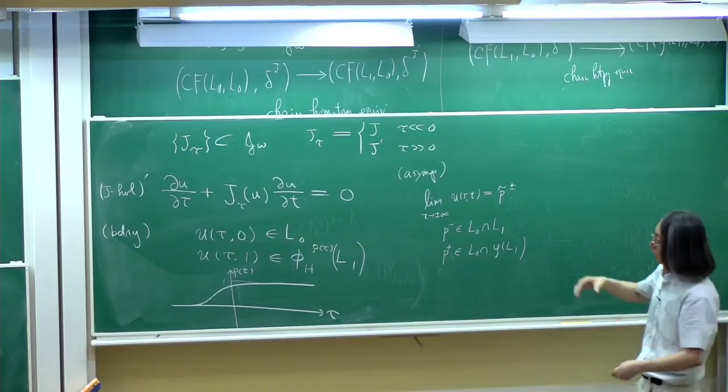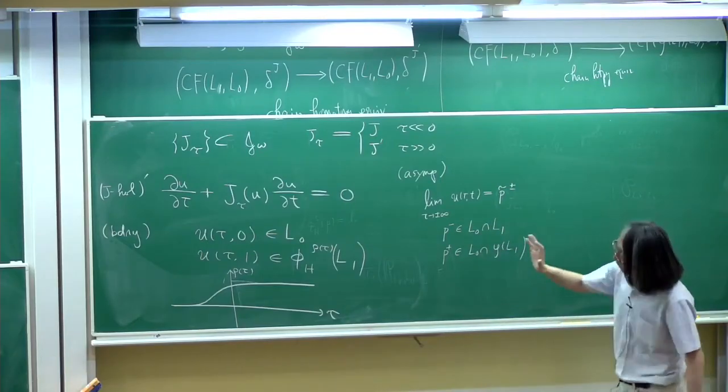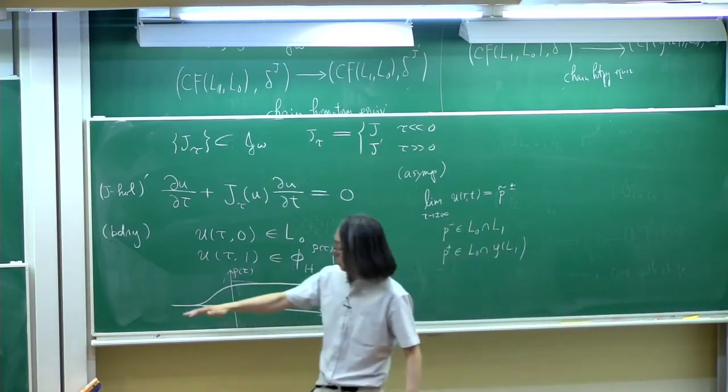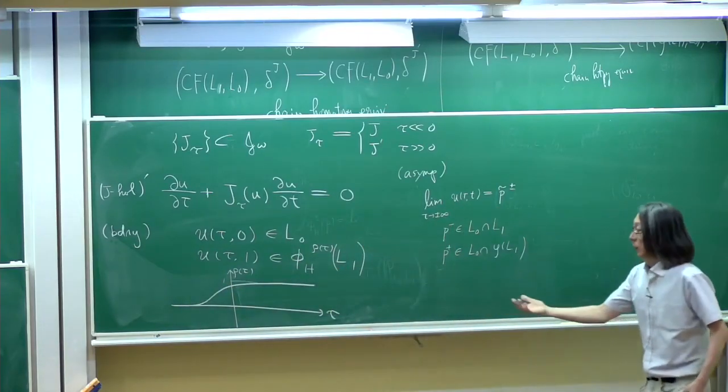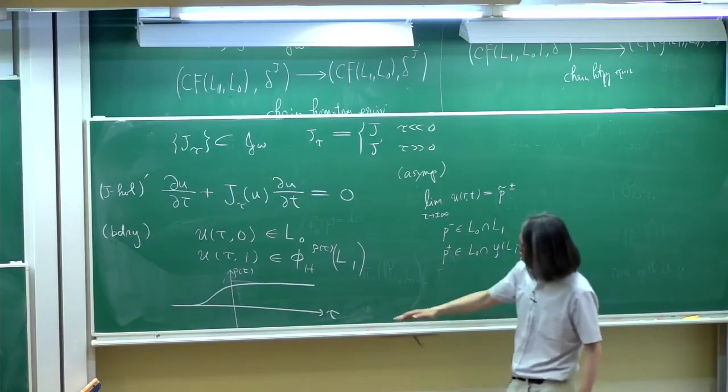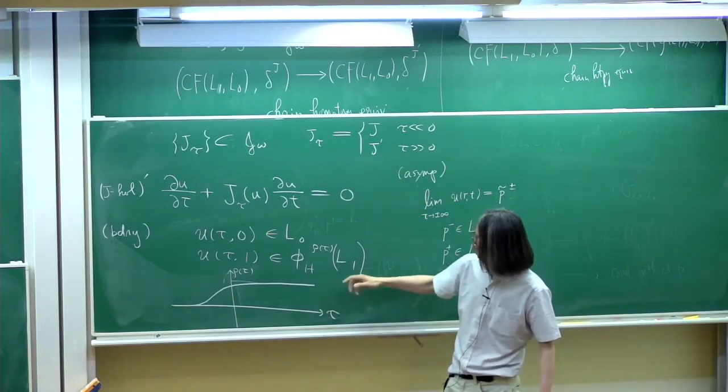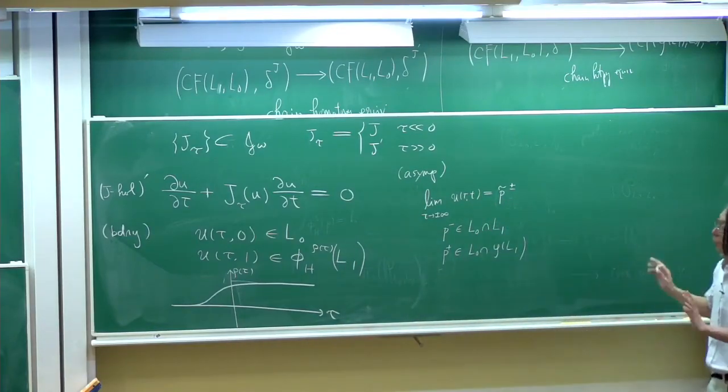The endpoints are intersection points of two Lagrangians. If tau is very small, then I have L0 and L1. I don't really move L1, but if tau is very big, then the Lagrangian boundary conditions are L0 and phi of L1, so therefore I can consider such asymptotic conditions.